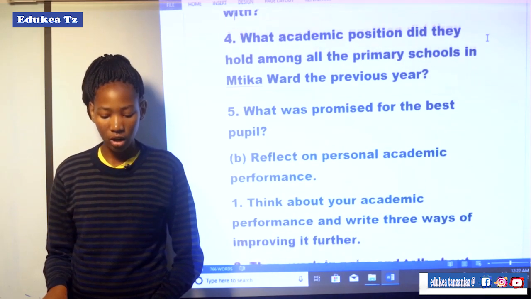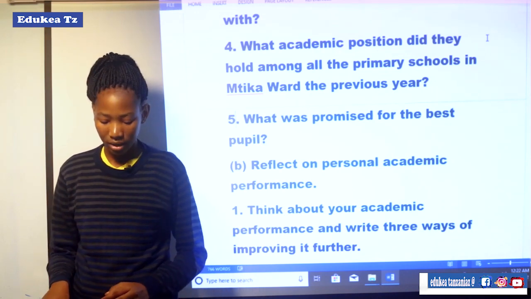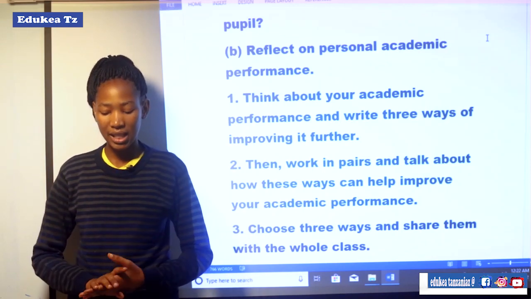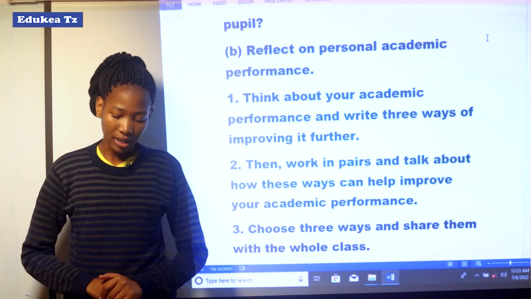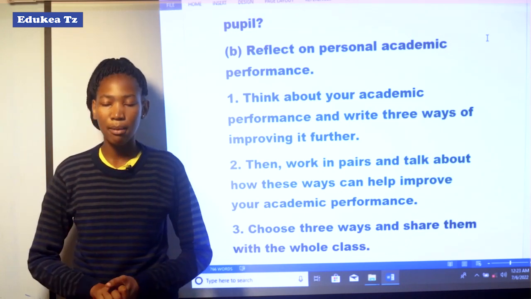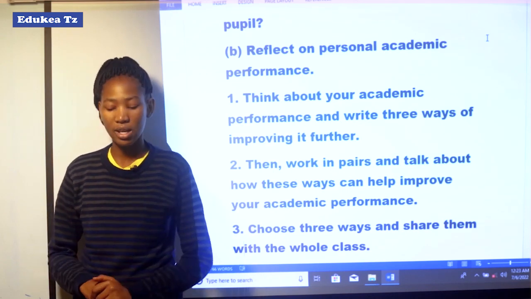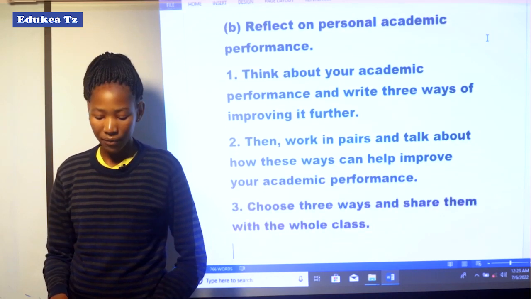After that, we are going to answer the reflection on personal academic performance. Think about your academic performance, then write 3 ways of improving it further. In this question, you should think about your academic performance, then write 3 ways of improving it further.